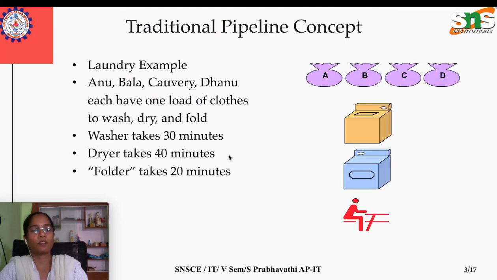Before discussing pipelining in a technical manner, let's look at a traditional pipeline concept. Here the analogy is given related to laundry. Four people, Anu, Bala, Kaveri and Dano, are in a line to wash their clothes, and later they need to dry and fold them. Let's take a scenario where the washer takes 30 minutes to wash the clothes, the dryer takes 40 minutes to dry, and finally the folder folds all the clothes in 20 minutes.